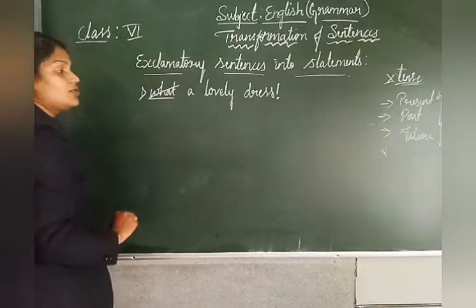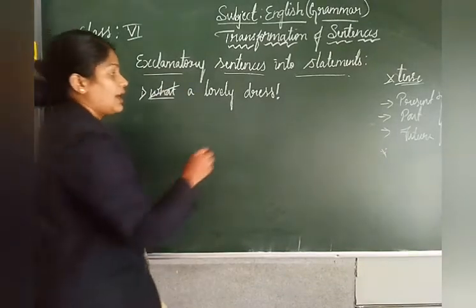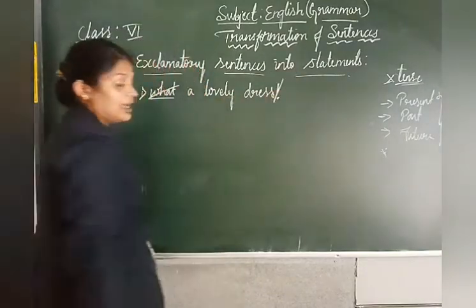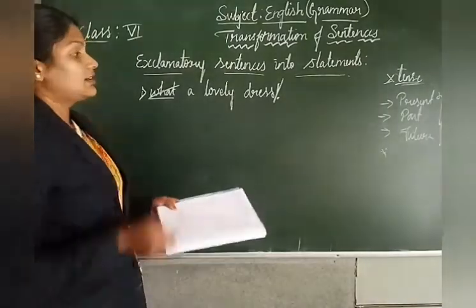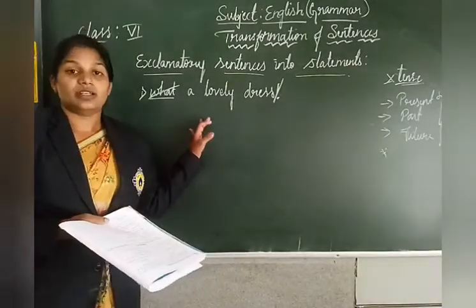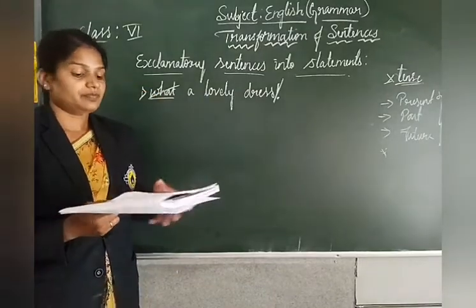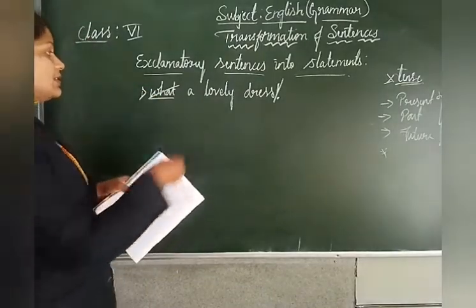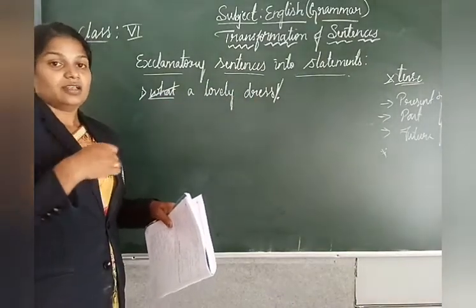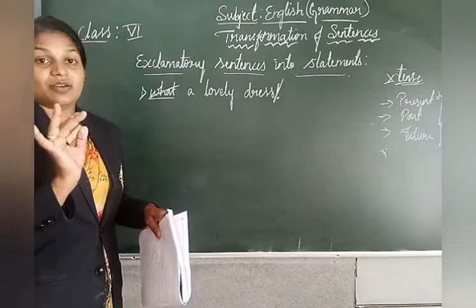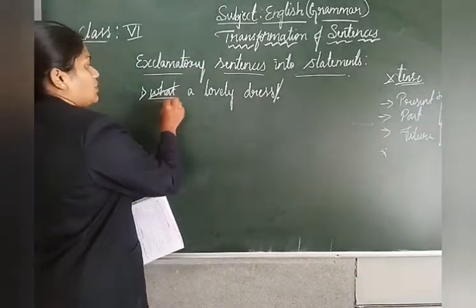We have to cross out "what", we should not write the exclamatory sign, and if the sentence has "very" or "how", we have to cross out those. So in the simple sentence, "What a lovely dress" means what we understood? It is a very nice dress. So we have to add "very" to "lovely dress".